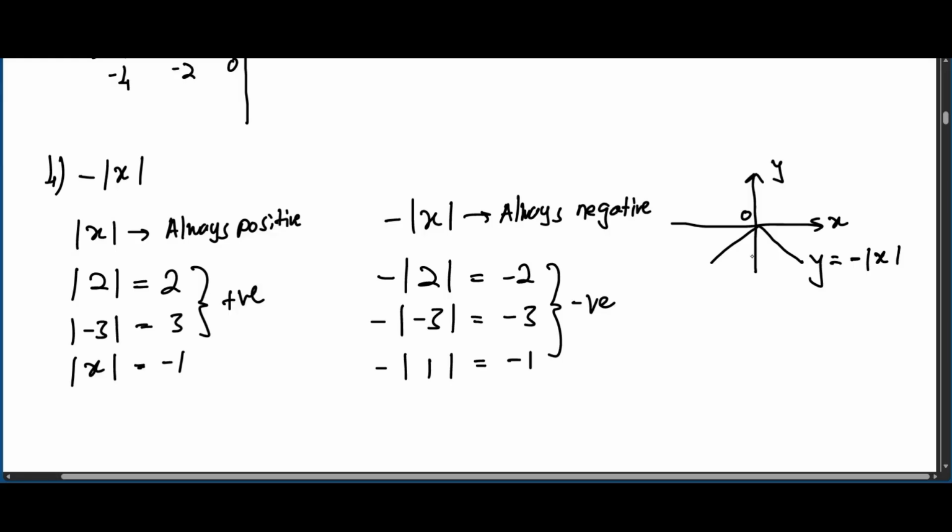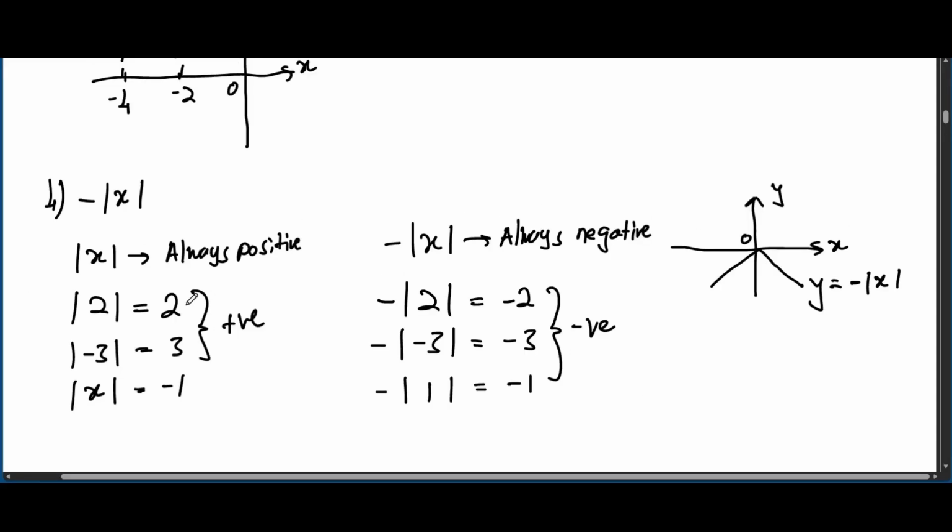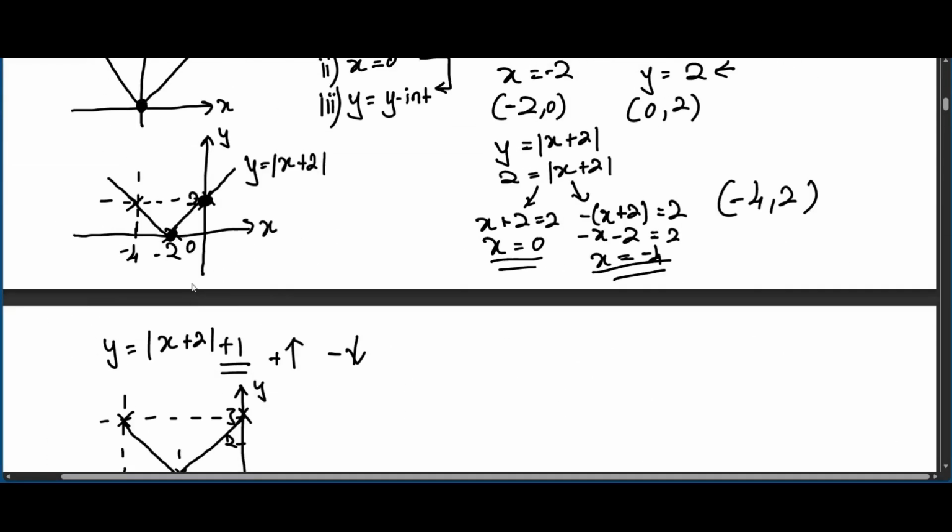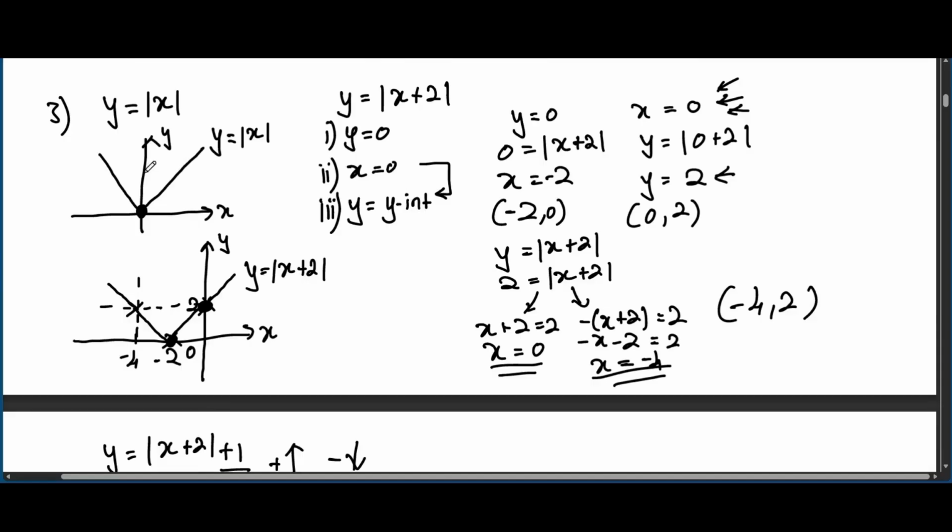So it will look like an upside down V. Why? Because it's always negative. You can see it's on the bottom of the x-axis, suggesting that it's always negative. Meanwhile, the always positive one, we saw it, is a V shape. It's always on top of the x-axis as it's always positive.